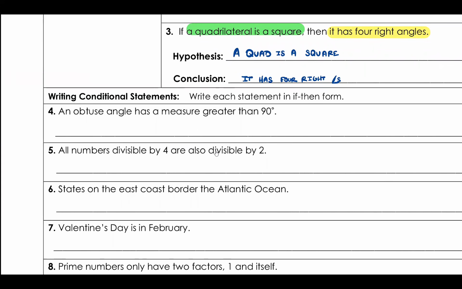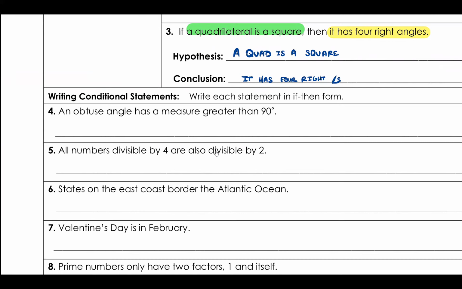Okay. So now, instead of giving us the conditional statement, they're going to give us just a general statement, and we're going to write it in if-then form. An obtuse angle has a measure greater than 90. Remember, we're going to write this in if-then form, and we're just going to keep the same order that they give us in the statement.